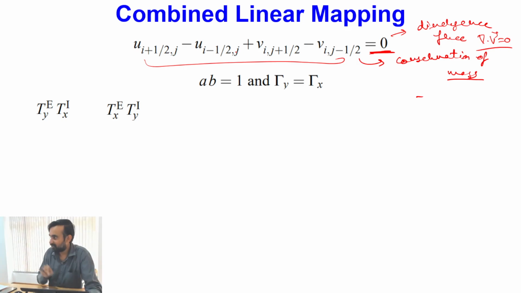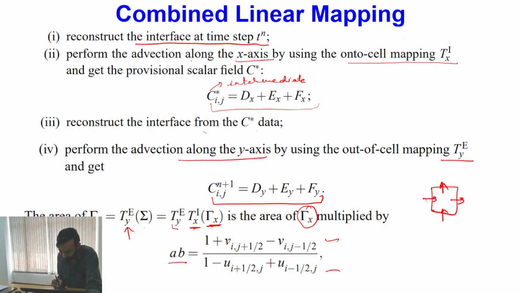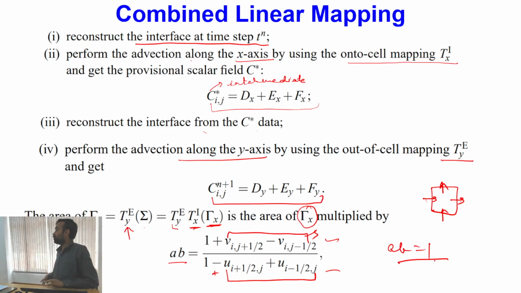So if this condition has to be satisfied, then these two quantities will become identical to this quantity with the plus sign over here. Okay. So ultimately the ratio of A into B is becoming equal to 1. Ratio of A into B is becoming equal to 1.